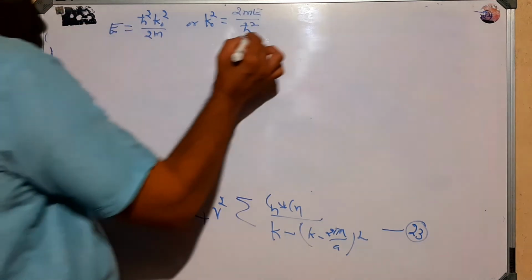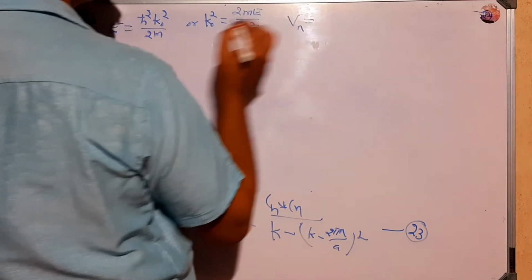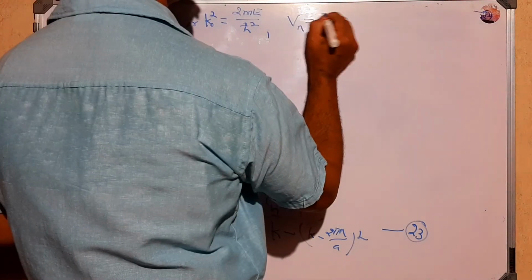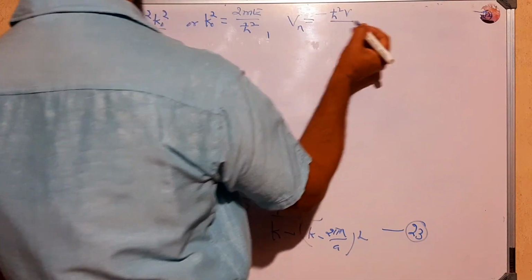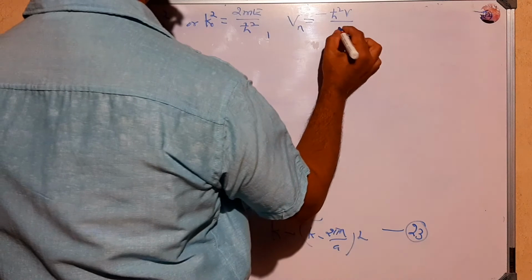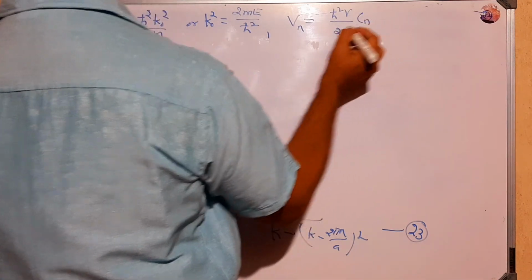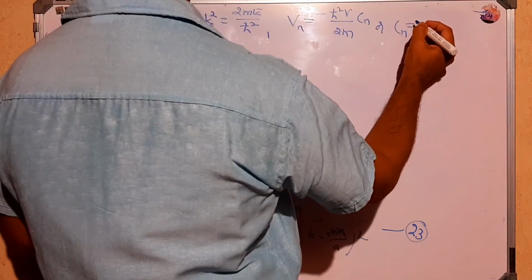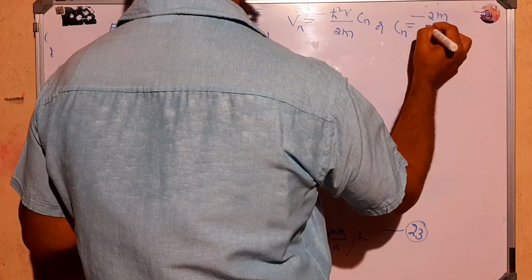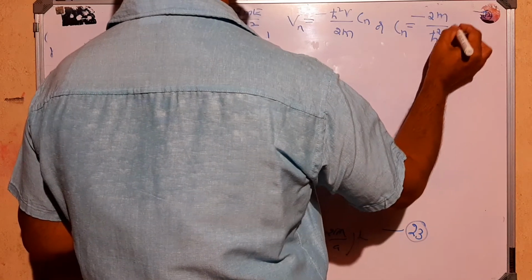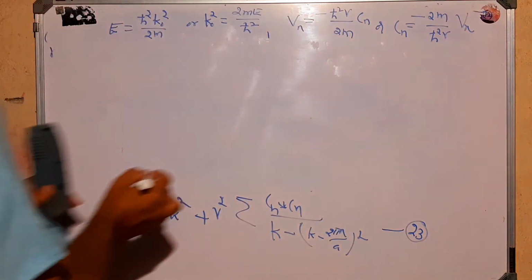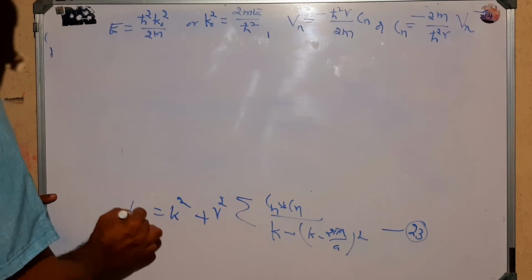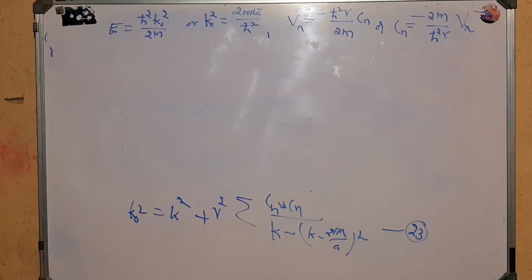Similarly, you recall the expression for Vn. In the beginning of the discussion, we have considered Vn is equal to minus h cut square gamma divided by 2m into Cn, or rearranging it for Cn, it becomes minus 2m divided by h cut square gamma into Vn. So now you consider the expression for K naught square from equation number 23.